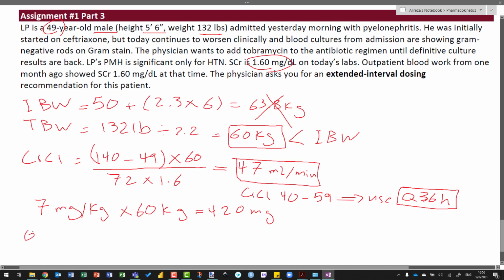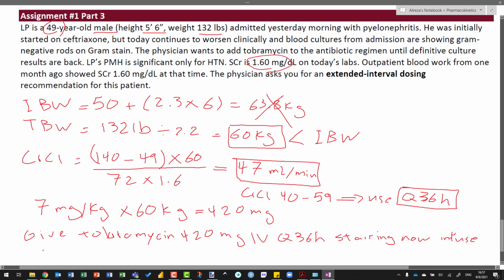So for this part, we recommend giving the patient tobramycin 420 milligrams IV every 36 hours starting now, and make sure you give the infusion time: infuse over 1 hour.